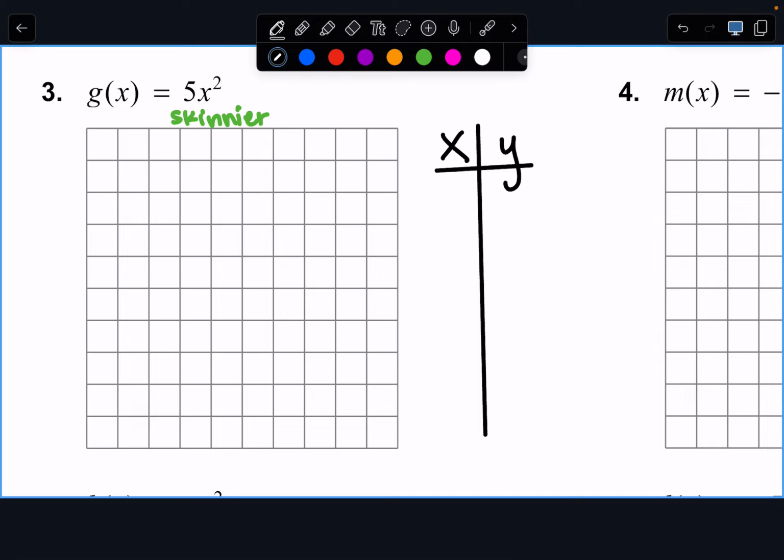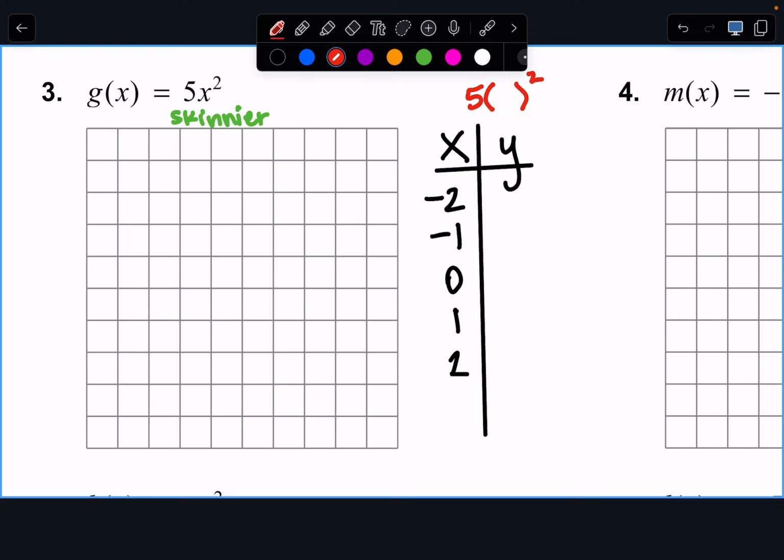Okay, so we're going to make an XY chart. And eventually, this will get simpler for us, okay? But for right now, I want you to plug in -2, -1, 0, 1, 2. And what we're doing is we're taking 5x squared and we're plugging in a number for x.